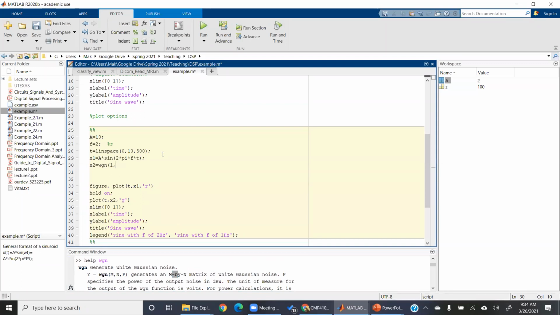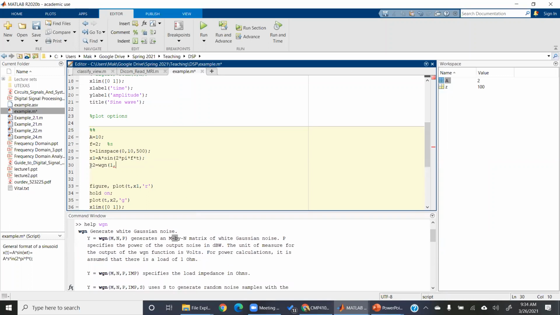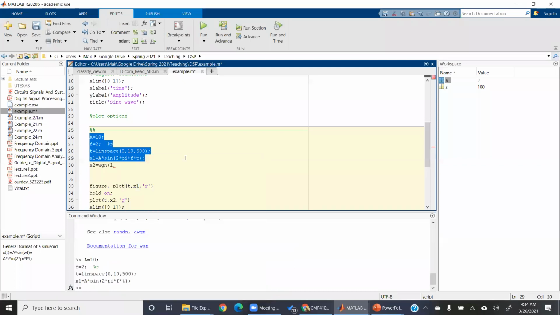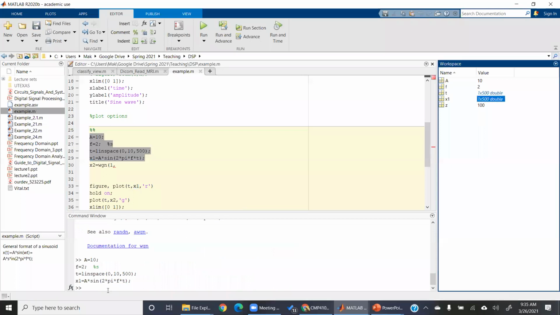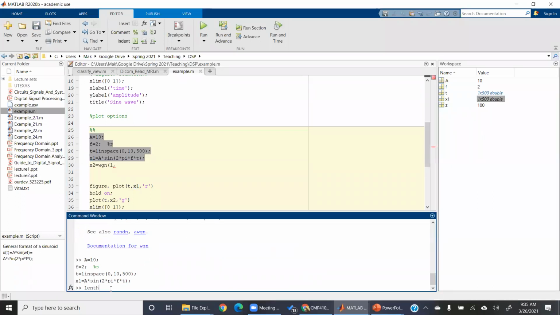Remember, it's generating a random signal for you. And so I want this second signal to have the exact number of elements that are in X1. And X1 has 500. But in case you didn't know, you can always do length of X1.